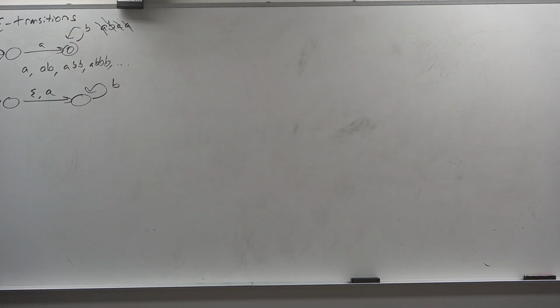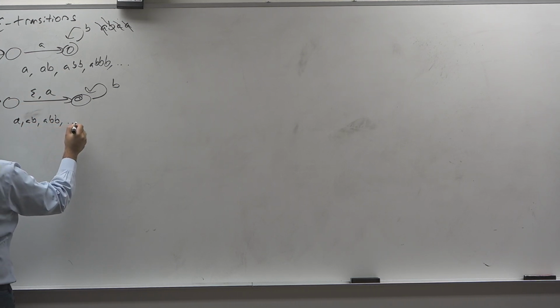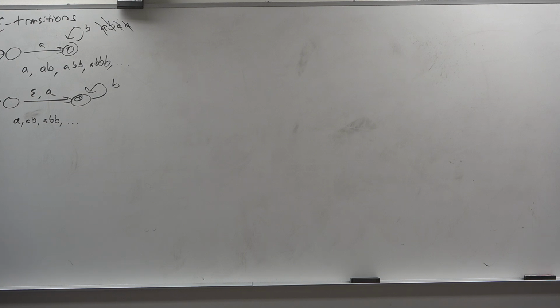So an epsilon transition is denoted by a special symbol, which is the epsilon, which is really the empty string. Now, again, the empty string is not part of the alphabet, but it is now a specially defined transition in the sense that you can take it for free. So this smaller automaton here accepts all the same strings still, A, AB, ABB, and so on, but it accepts more strings.